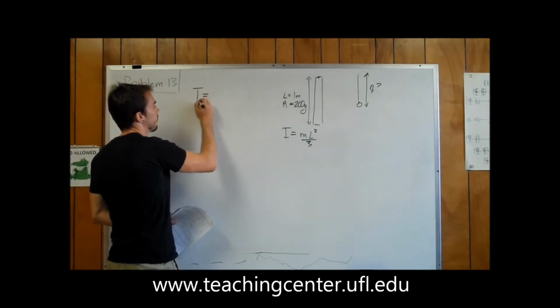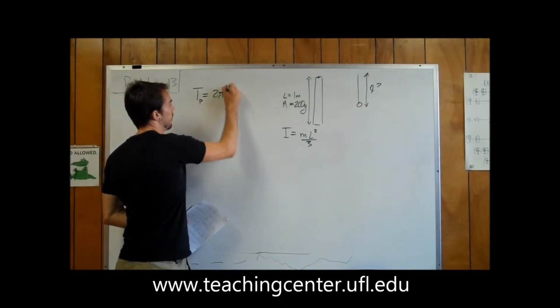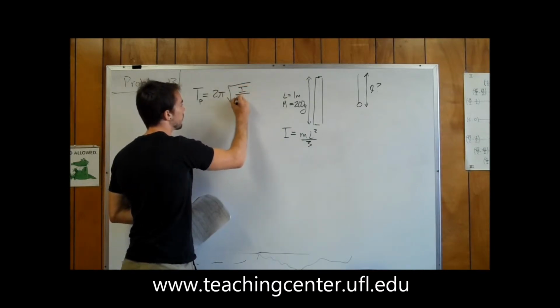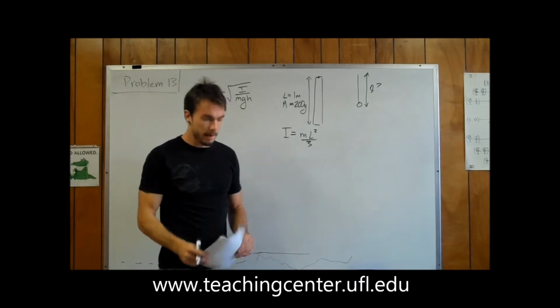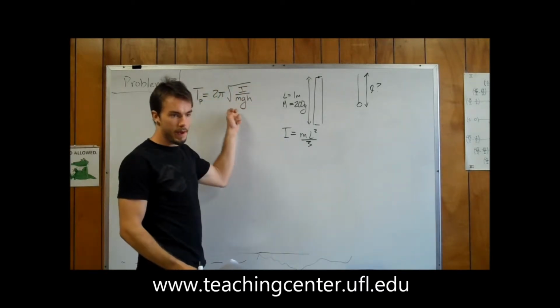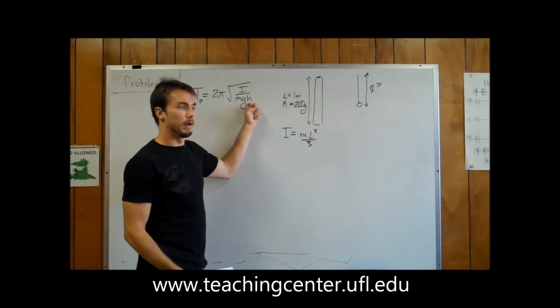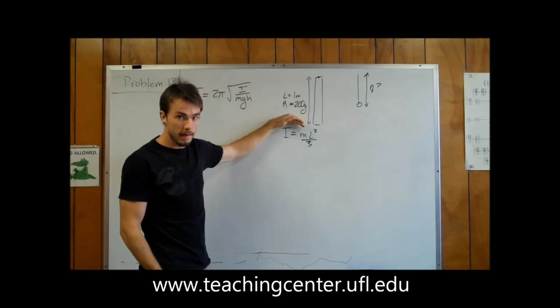The period for a physical pendulum is going to be 2 pi times the square root of I over mgh. Now, we're given I, we have our mass, we know our gravitational constant. Don't let this h trick you. Some people will say h is just going to be equal to L, and it's not.